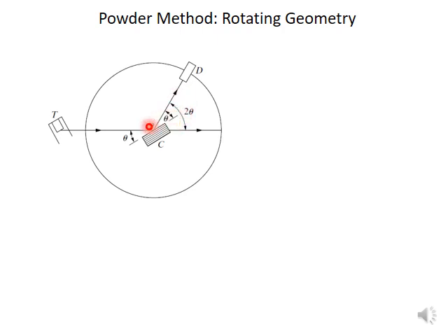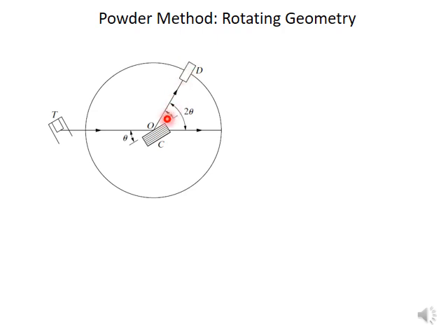So for this specific 2 theta, you can record the data, and then you rotate the detector as well as the sample without changing the position of the source. When both of these are rotated, you are recording the signal at different 2 theta values.